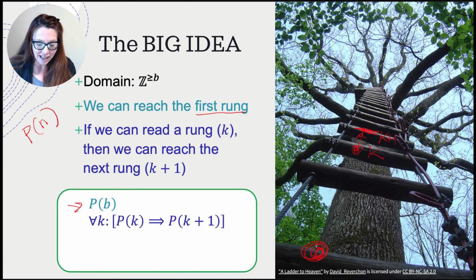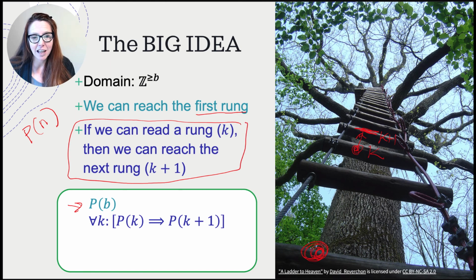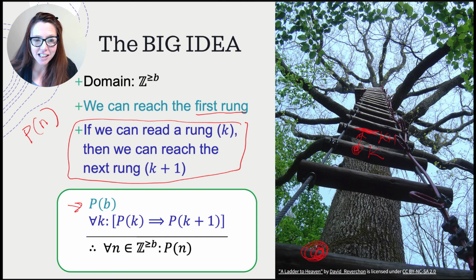And that next piece, if we can reach rung k, then we can reach rung k plus 1. You're saying that for any arbitrary k, p of k implies p of k plus 1. Put that together, and what we have is the fact that over all integers n greater than or equal to b, p of n holds. And that's what we want to show with induction.